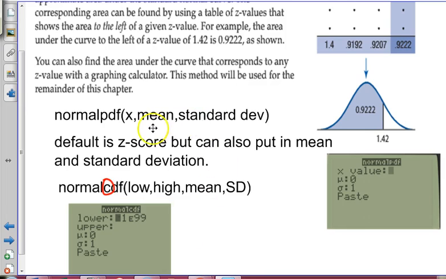All right, but if you have an older calculator, this is the order you have to put it in: the value you're looking for, the mean and standard deviation. For a PDF, which is a straight up probability at one value, and for the combined probability of a range of values, you put low, high, mean, standard deviation, okay?